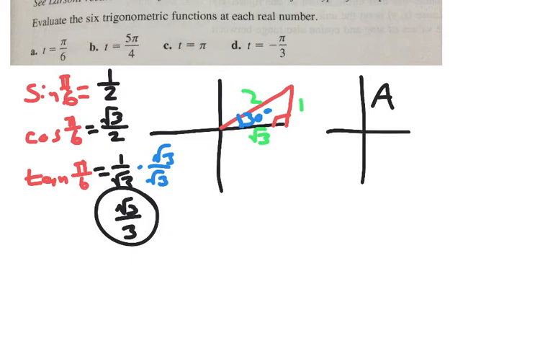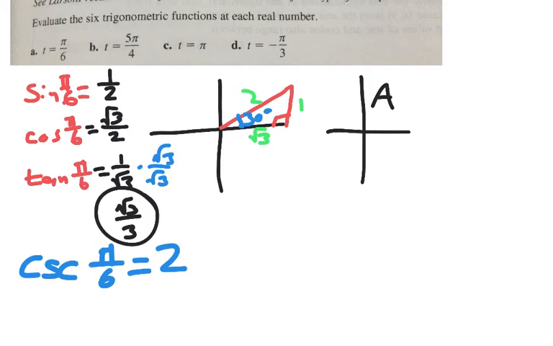Every trig function has a co as a partner. At least there's one co. So for sine, that has no co in it. So its partner is going to be cosecant. So I could say cosecant of pi over 6 is the reciprocal of sine of pi over 6. So if sine is 1/2, then cosecant would be 2 over 1, which we can write as just 2.